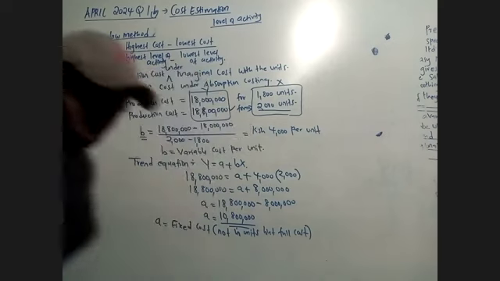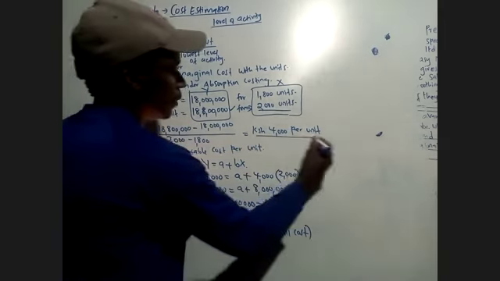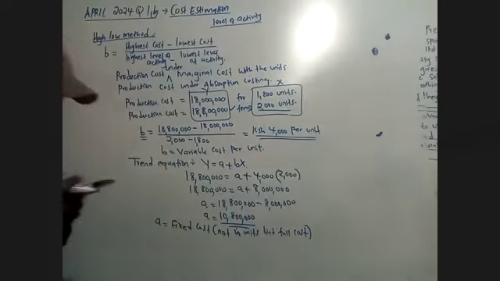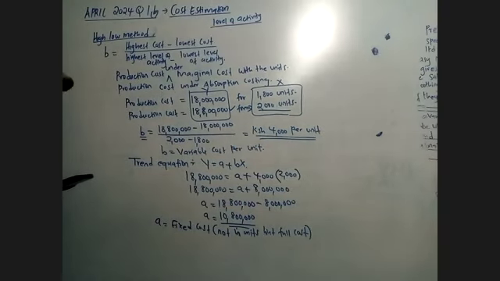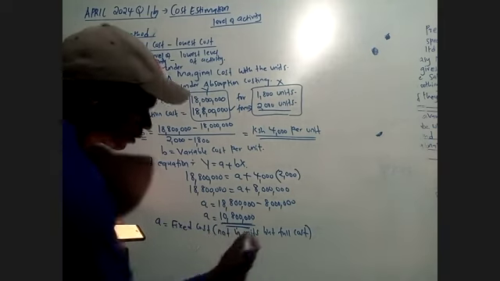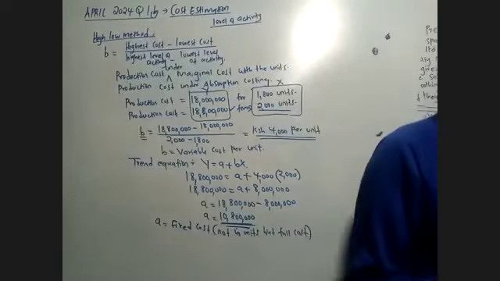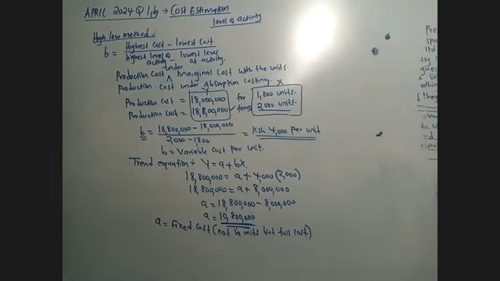Now, what is the requirement for this question? Using the high-low method, calculate variable cost per unit. Here we have it, B, and the monthly fixed production cost, 10,800. That marks the end of the high-low method under that question for revision.